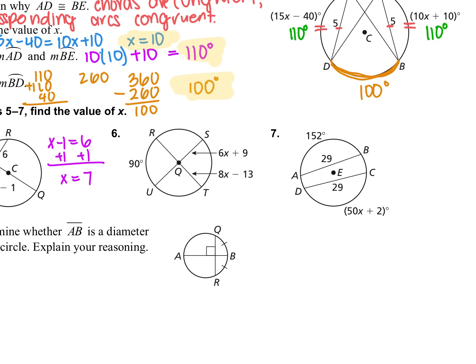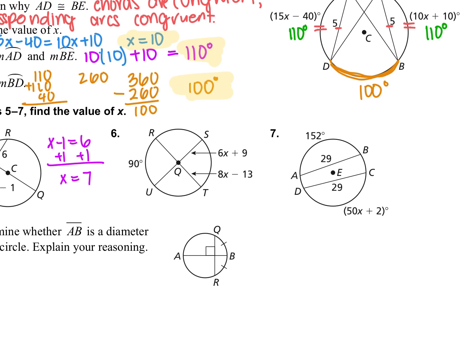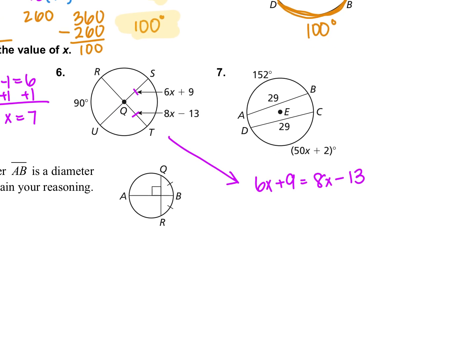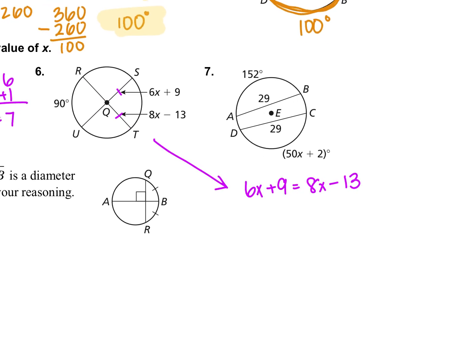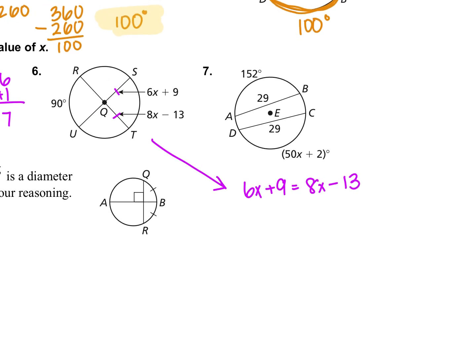Looking at number 6, because this is 90 degrees, all of these are going to be the same measure. So set them equal to each other. I'm going to do it down here. I have 6x plus 9 equals 8x minus 13. If you solved correctly, I'm going to go ahead and subtract 6x from both sides.